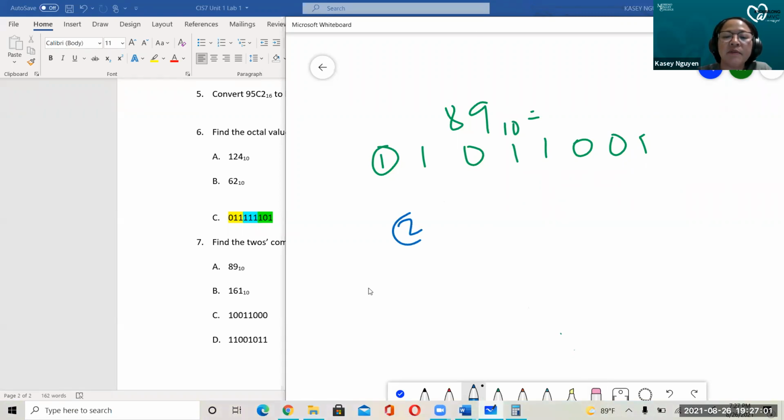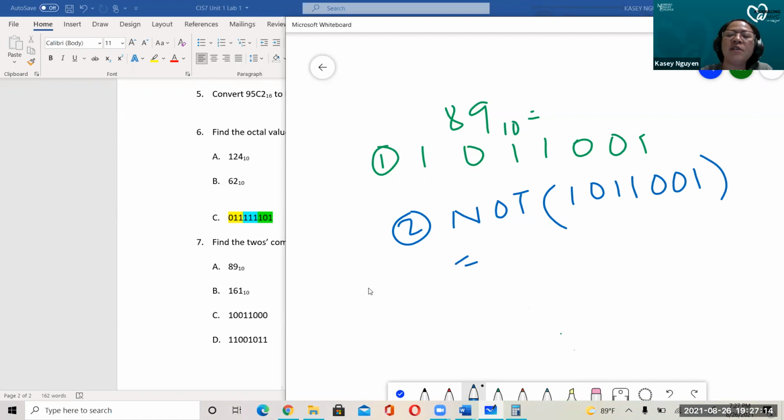So step 2, we apply the not operator, which is equal to the opposite of it: 0, 1, 0, 0, 1, 1, 0. So how did I do that so fast? The 1 here becomes the 0 over here, and the 0 here becomes the 1 here.